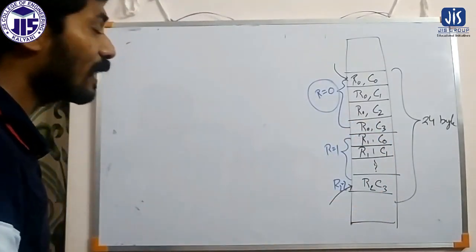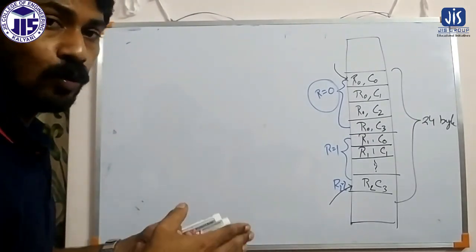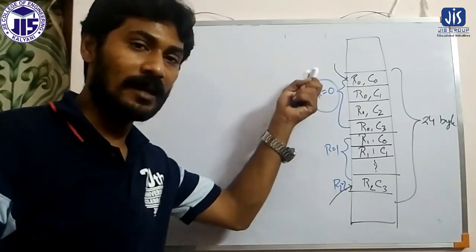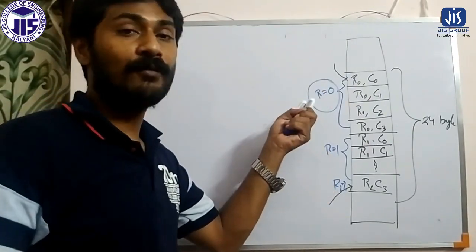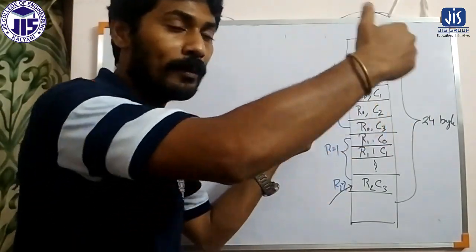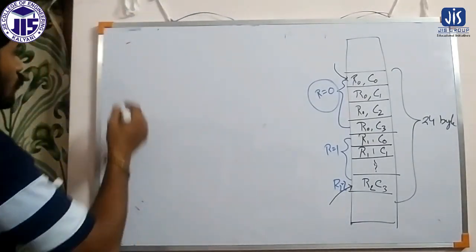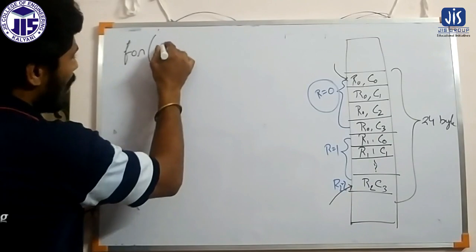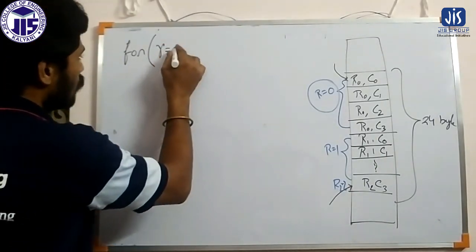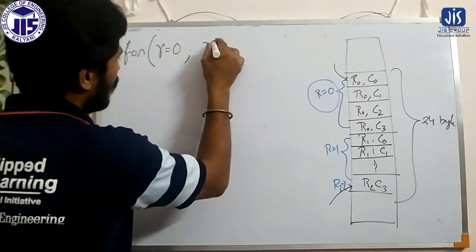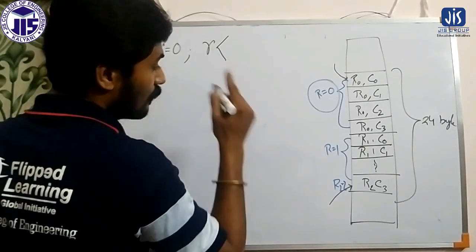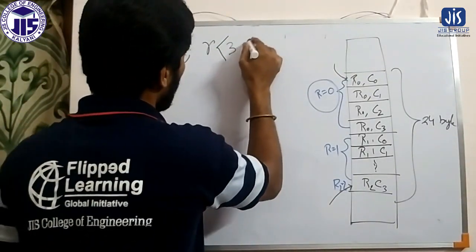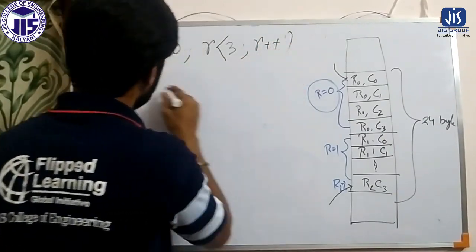So what we do, we take two variables, one for the row and another for the column, and obviously the row will be the outer for loop, as you can see as per the concept. The row is fixed and the column is changing, so the row will be the outer for loop. I take a for loop where the variable R is taken for the row, starting from 0, and we have 3 rows, so R should be less than 3, R plus plus.